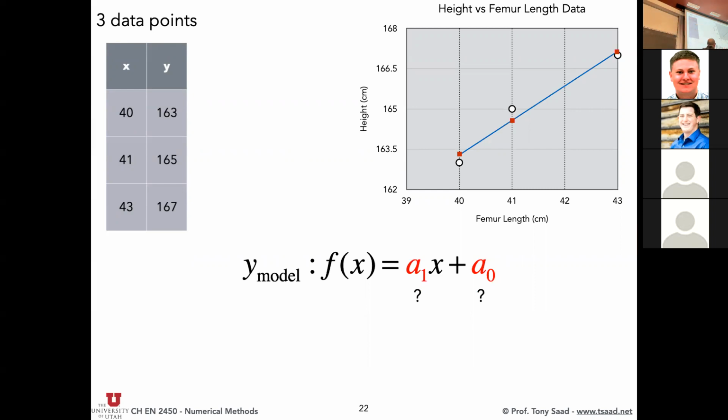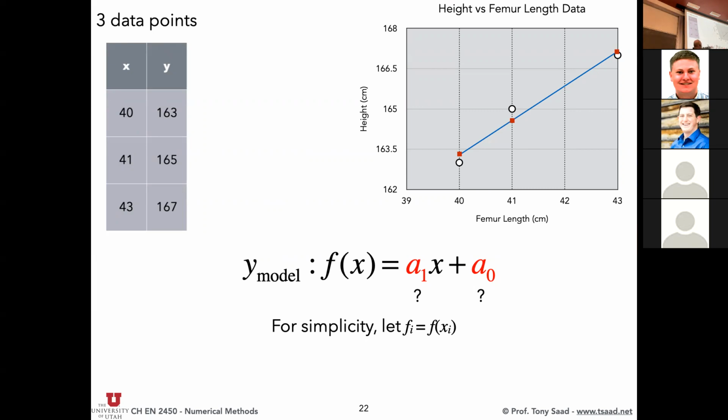Now I'm calling my model curve, I use this nomenclature, you don't have to use it, you can call it f model or y model. Okay, I call this y model, f of x equals a1x plus a0. Now for simplicity, because this is going to get complicated, well, not too complicated, I'm going to call f, my model curve applied at any of the input data points xi, fi.